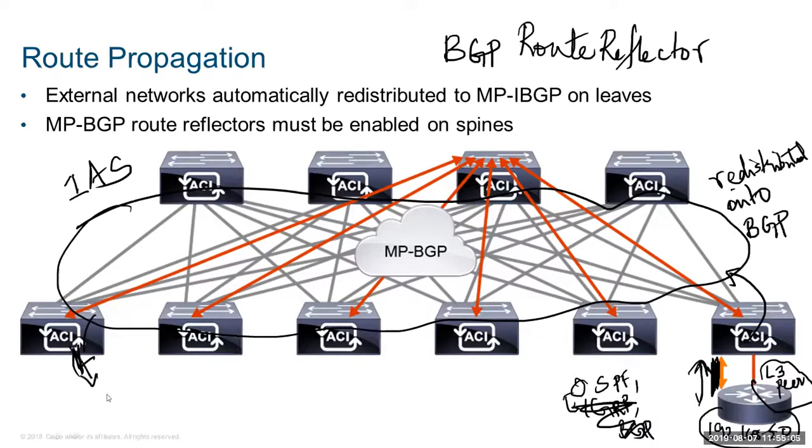On this switch, it doesn't show up as OSPF. 192.168.5.0 will show up as a BGP learned entry. And you don't have to configure the route redistribution. It automatically does that for you.